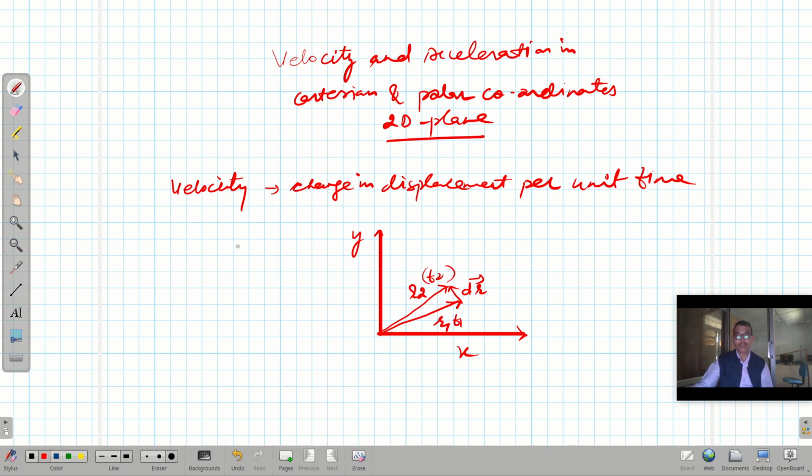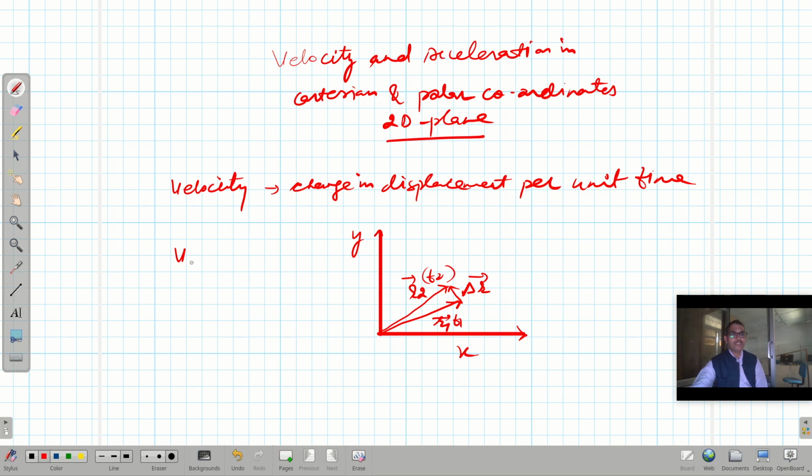Then velocity is defined as, rather than call it dr, let me call it delta r, right? This is r2, this is r1.